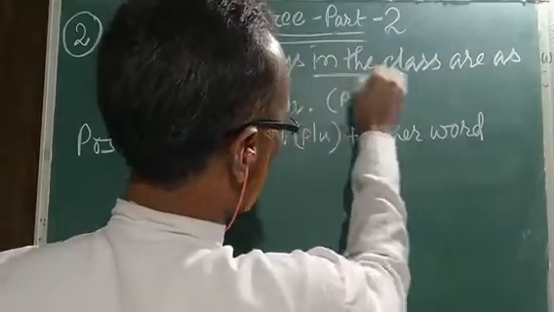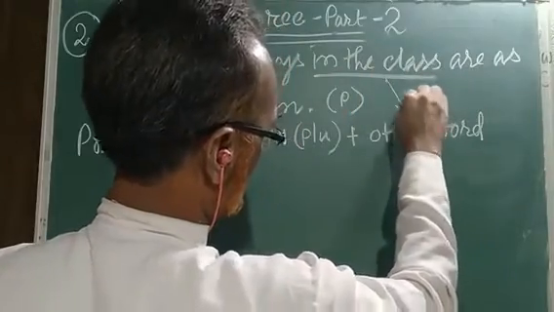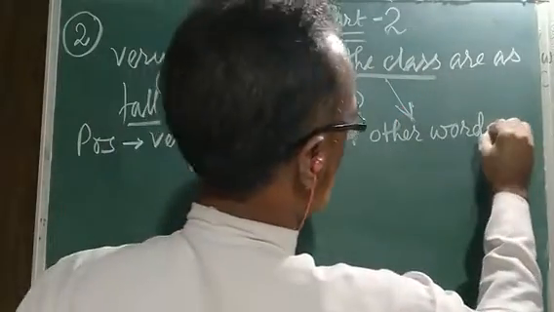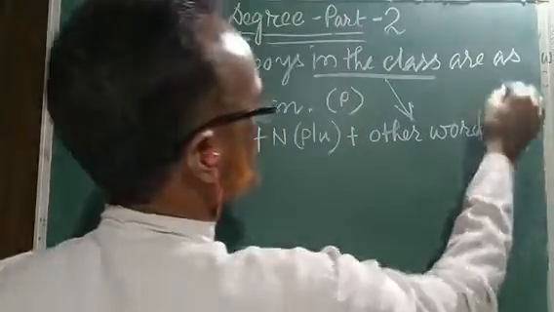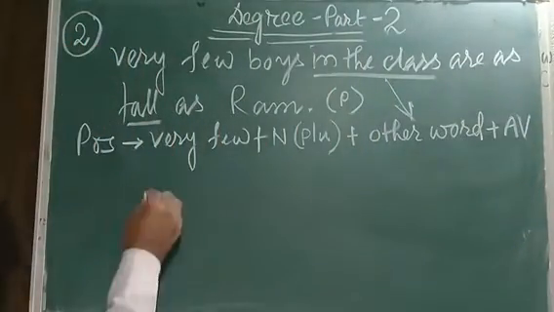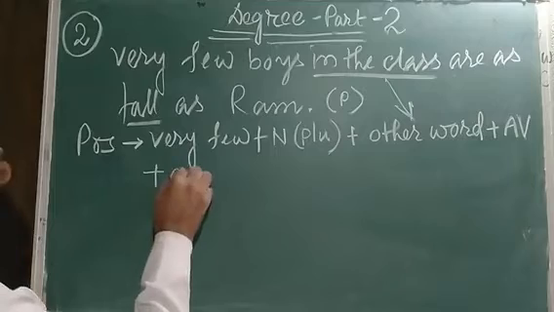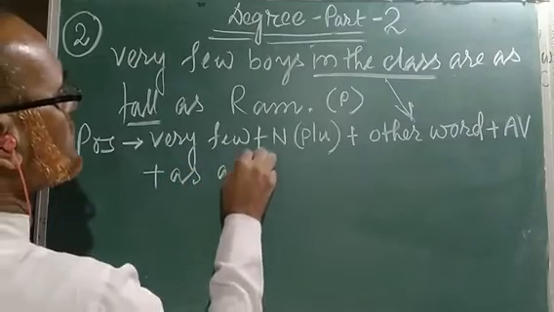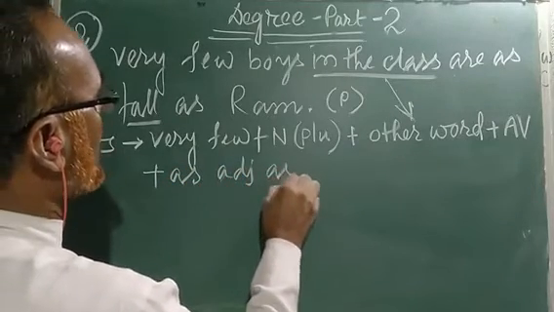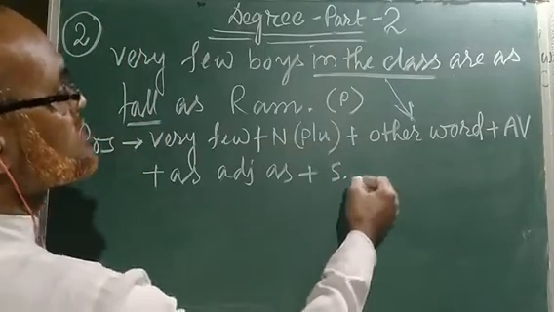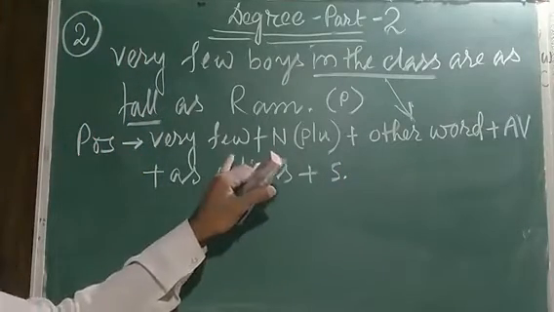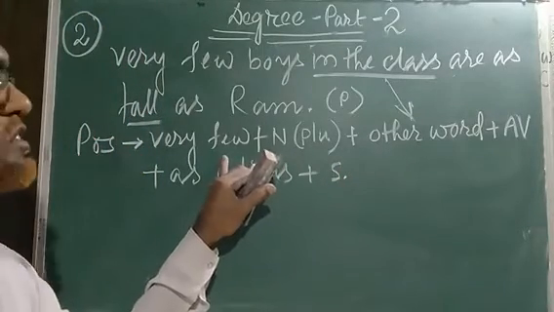In the class, as other word. After that, AV, auxiliary verb. After that, plus as, adjective, as, plus subject of the sentence. It is the form of positive degree.